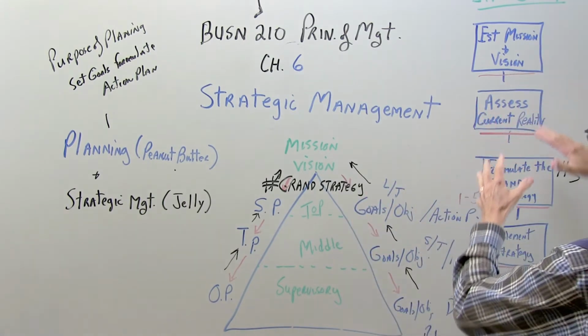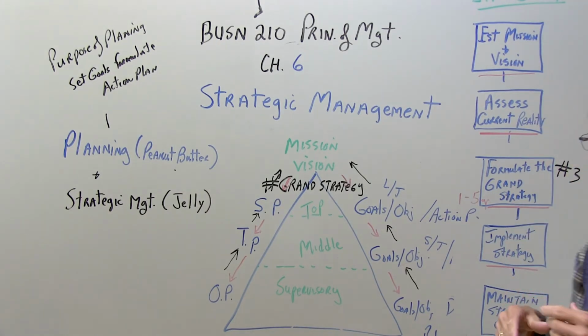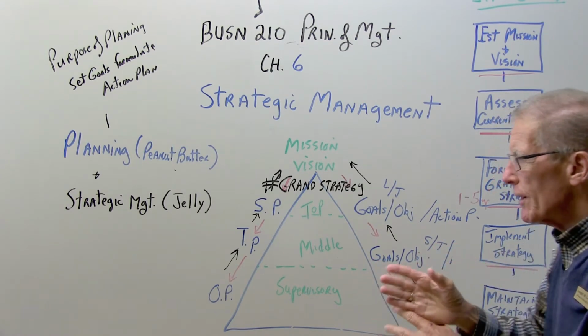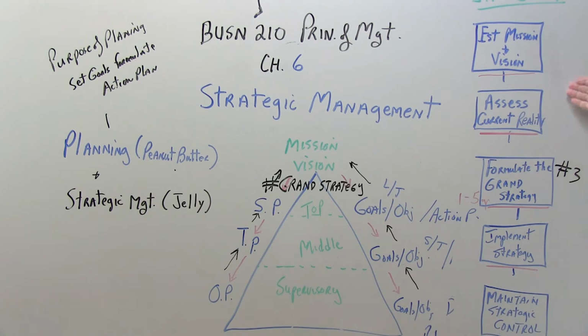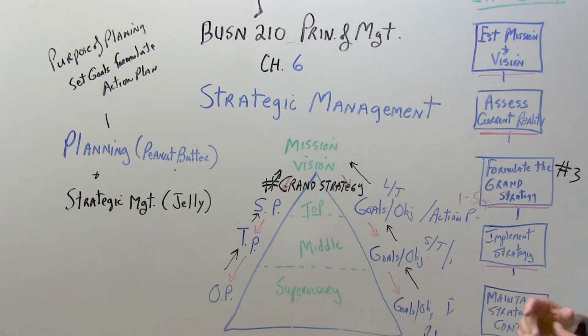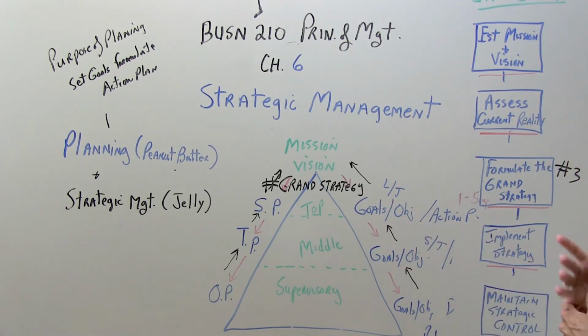Now that we know that and we know the steps, let's talk about some things that can help us do these things. So the back side of the page, or the latter part of chapter 6, I'm going to give you some tools to be able to do, especially these two things right here. What are some things you can do to assess your current reality? And let's talk about what some of your grand strategies might be. Does that make sense? So we've done it, we understand it. Now we're just saying, here's some helpful tools.